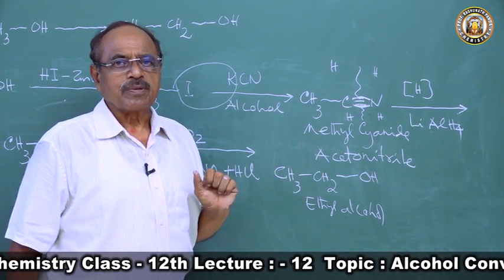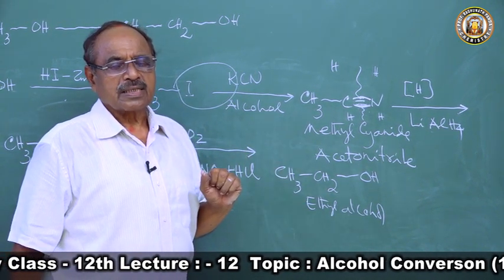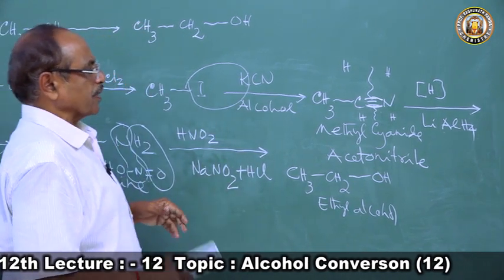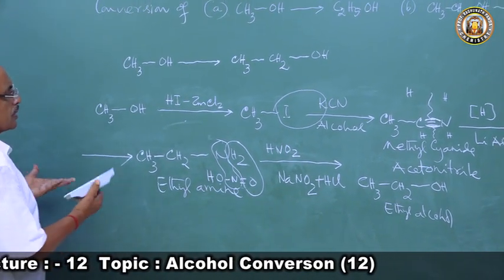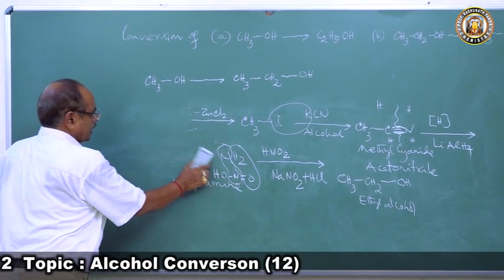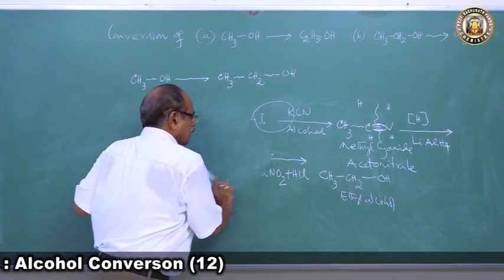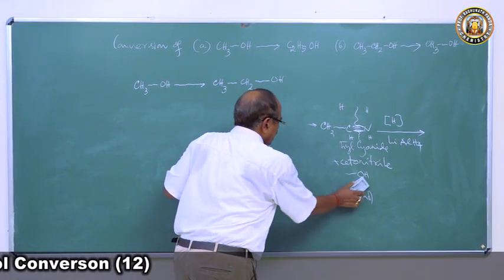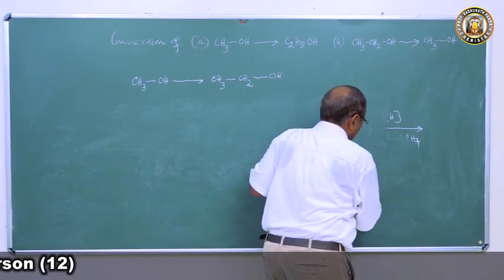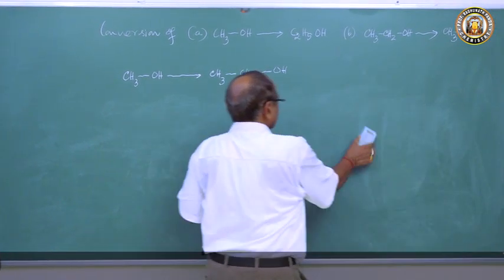So many compounds are possible by introduction of the cyanogen group. We will do that separately. So methyl alcohol can be converted to ethyl alcohol, and by the same method ethyl alcohol to propyl alcohol to butyl alcohol. In this way we can go.